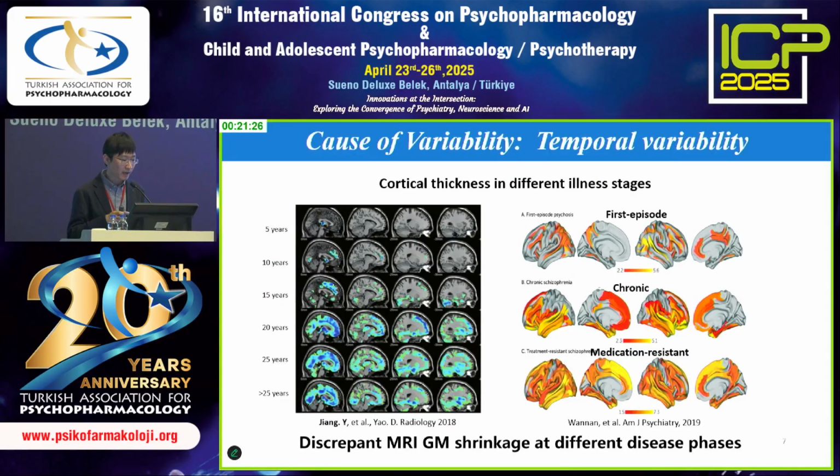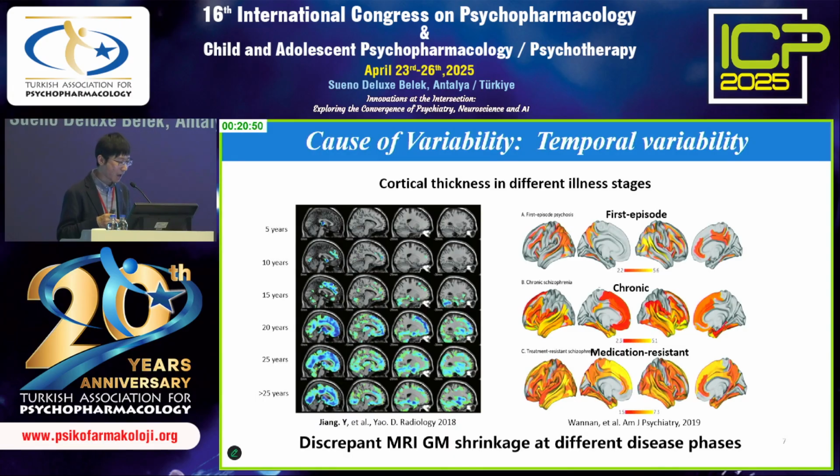Why is there such big variability? We think one cause is temporal variability. What is temporal variability in the brain? It means the brain is changing and dynamically progressing. With a longer disease duration, there are progressive reductions in brain volume.